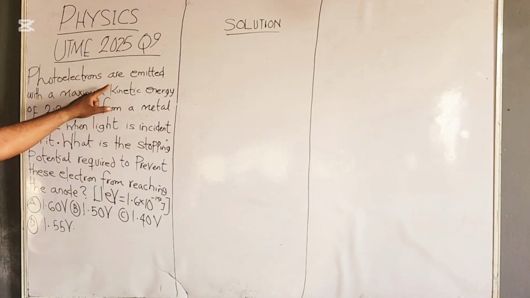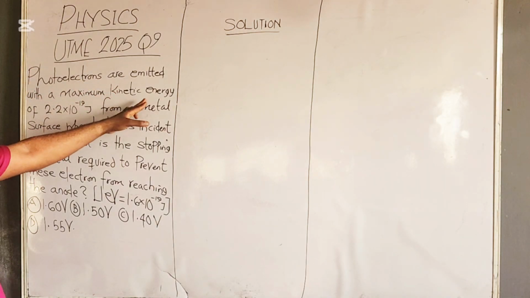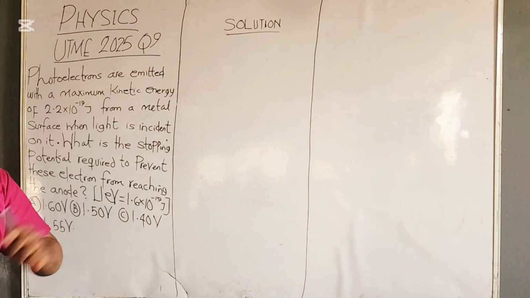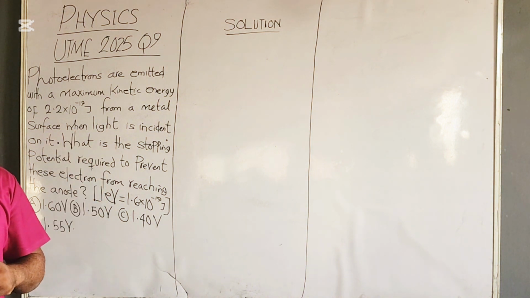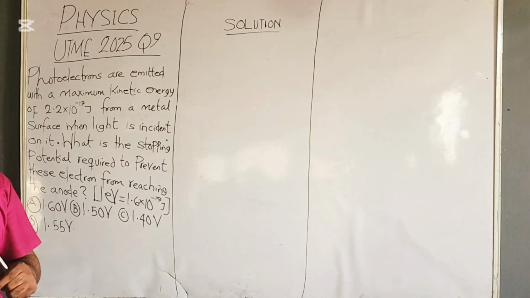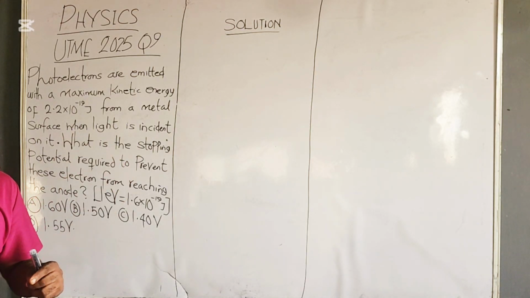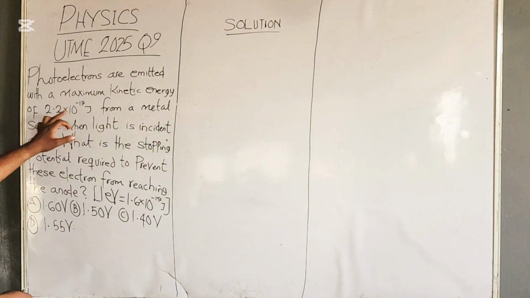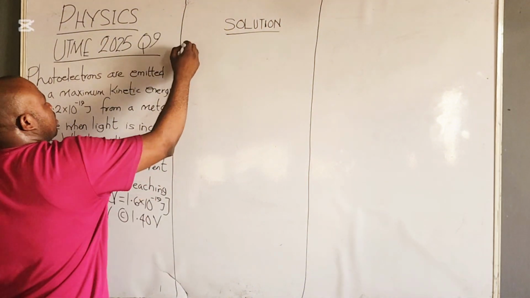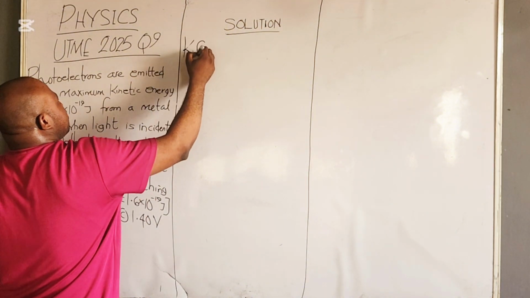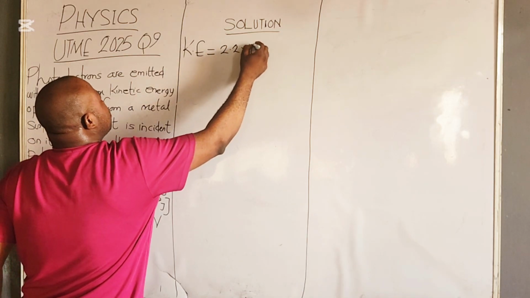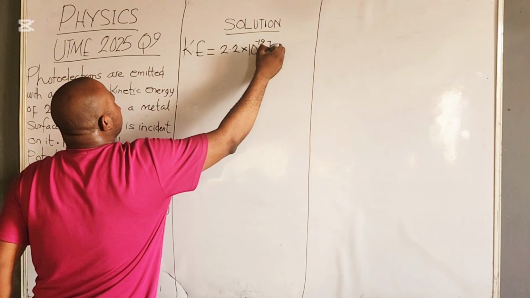We have a question: photoelectrons are emitted with the maximum kinetic energy. Remember, we always tell our students that if you have a question in physics or chemistry, write out the parameters you are given first. The parameters are the pointer that will direct you on which formula to use. So I'll quickly write out the parameters I'm given: kinetic energy is 2.2 times 10 raised to the power minus 19 joule.